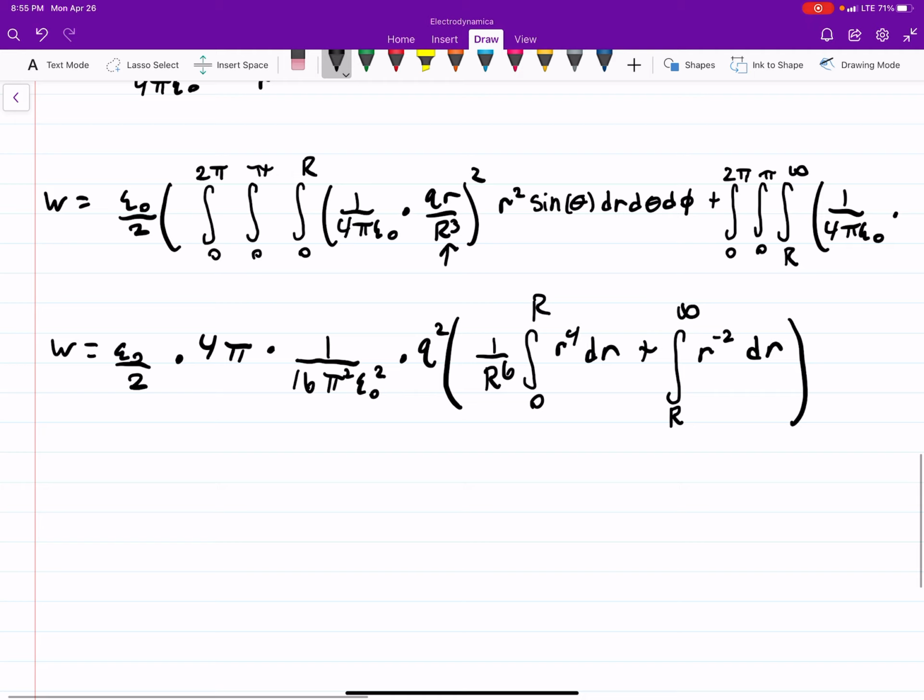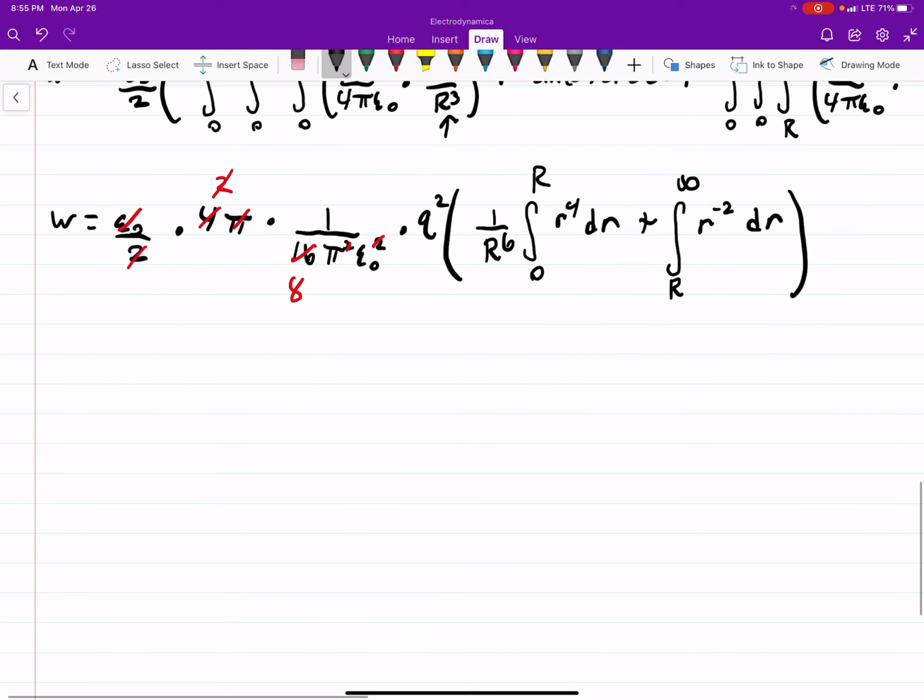Okay, so this epsilon naught will cancel with 1 here. This pi will cancel with 1 here. That makes this a 2, and that goes away if we make this an 8. So we're going to get just q squared over 8 pi epsilon naught, times, so what do we have?